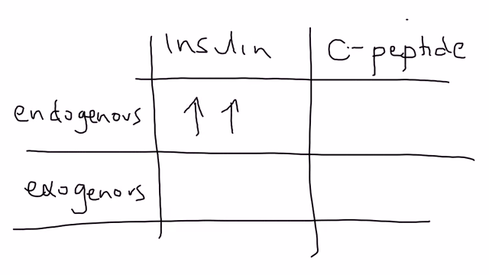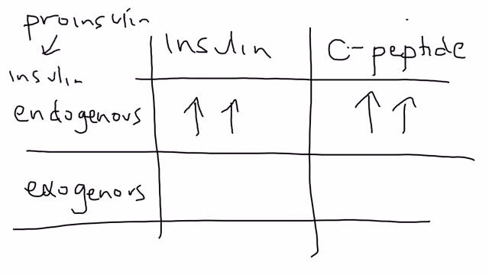And because when the body produces insulin, it gets it from proinsulin, C-peptide level will be high. So you have proinsulin, and then you have insulin and C-peptide produced together. One molecule of this, one molecule of that. So endogenously, both will be high.